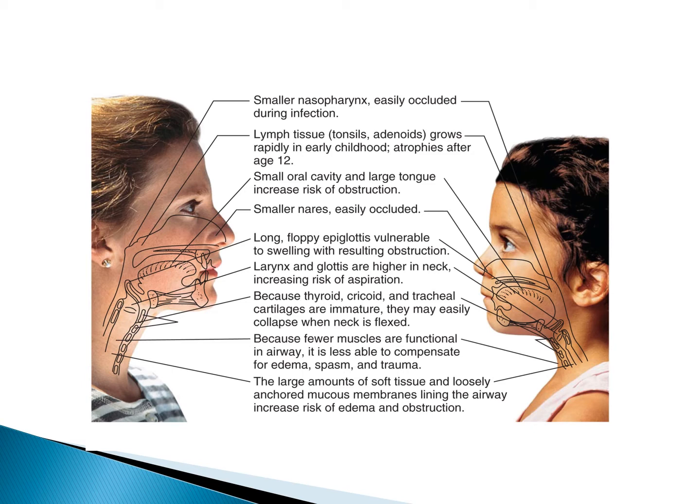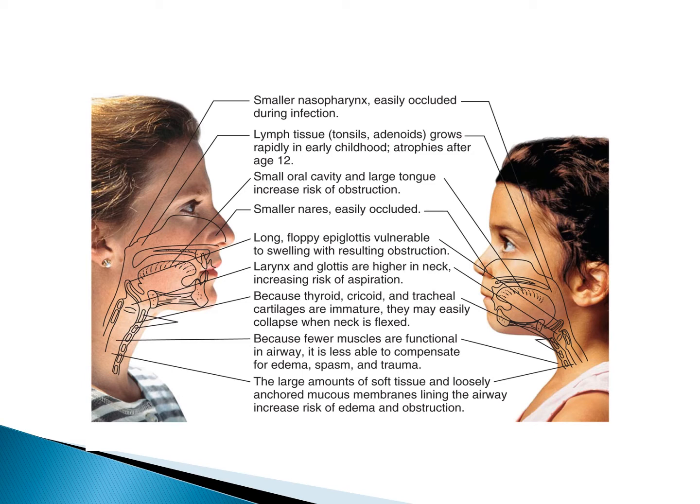But up until then, there's all kinds of things that contribute to respiratory really being the most prevalent reason for ER visits and hospital readmissions in childhood. I think somewhere around 50% of admissions under 5 years of age are due to respiratory issues.